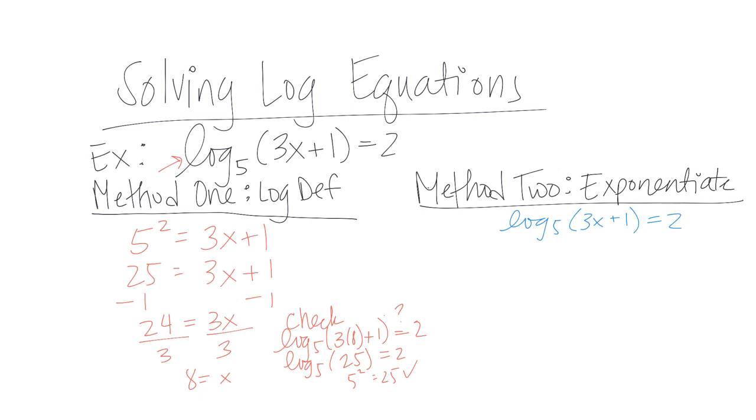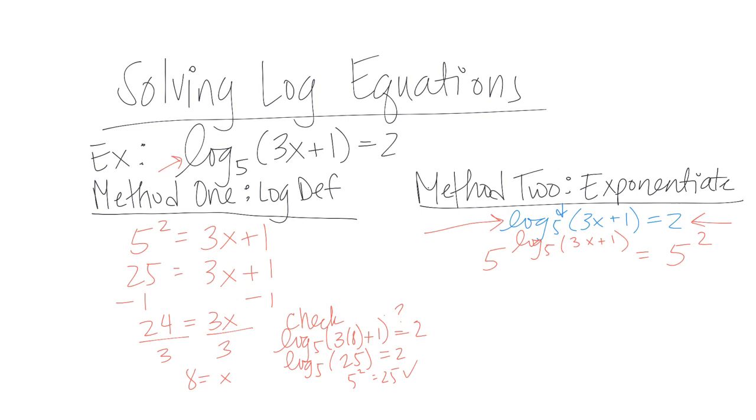All right, when we exponentiate, that means we raise each side to the base that is equivalent to the base of the log. So that means I'm going to do 5 to the log base 5 of 3x plus 1 equals 5 squared. So I took this side and put it as the exponent base 5, and I took this side and put it as the exponent base 5.